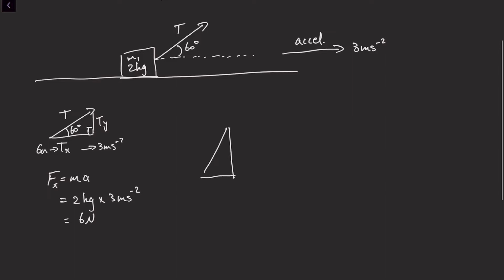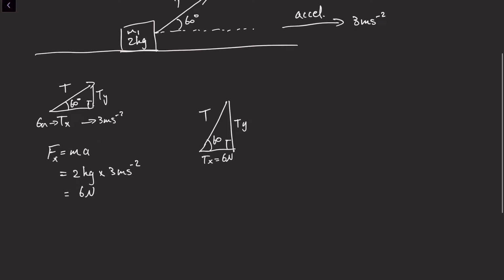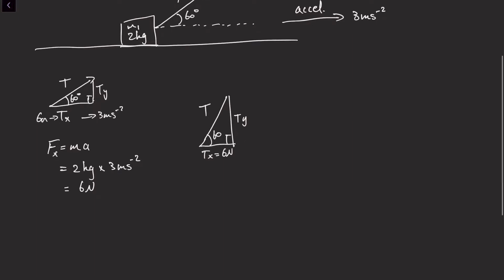Right there. Good. Now, let's redraw this triangle. Let me redraw it correctly this time. T, Ty, and now Tx equals 6 newtons. Now we're going to pull out our trigonometry, which is nice. To find T, we know one of the side values and we know what one of the angles is. So now we can find what T is.